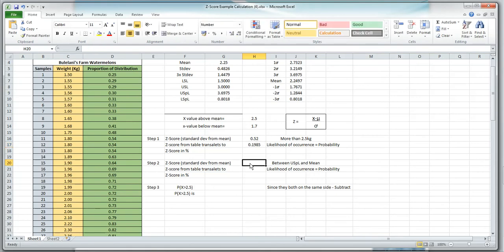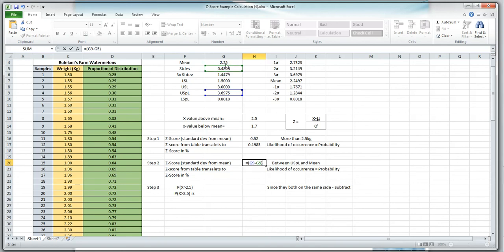So now we're going to calculate the upper spread limit and then figure out what the probability is from 2.5 kilos and above. So let's say equals, open brackets, we go to our USPL, we minus our mean, close brackets, we divide that by the standard deviation.